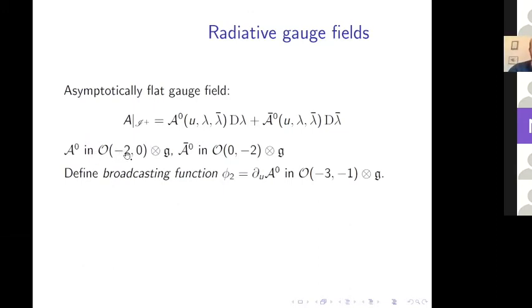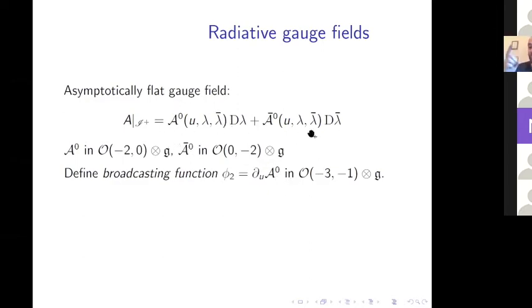So it has weight -2 under a holomorphic rescaling and weight 0 under anti-holomorphic rescaling. And for its complex conjugate, you just flip the weights. And these objects define what's sometimes called the broadcasting function of the gauge field. It's just taking a u derivative, a retarded time derivative, of this function curly A.